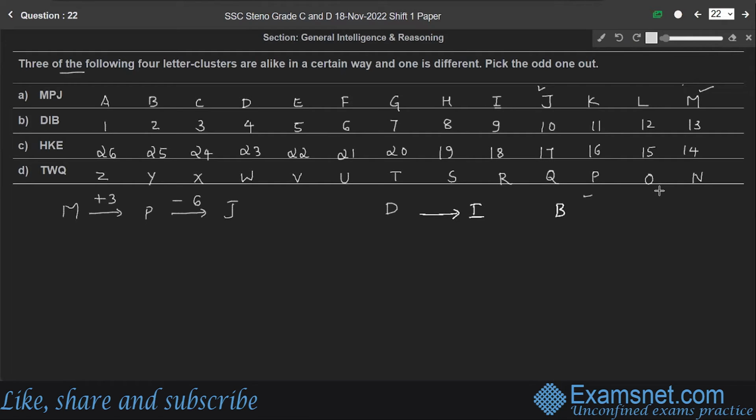D is 4 and I is 9, so 4 plus 5 is 9. B is 2, and 9 minus 7 is 2.